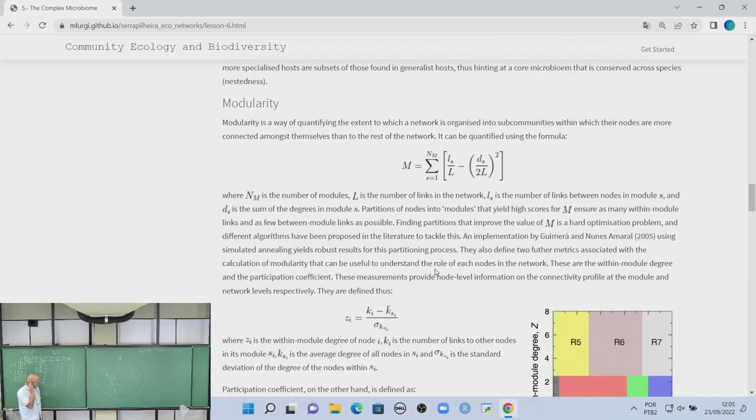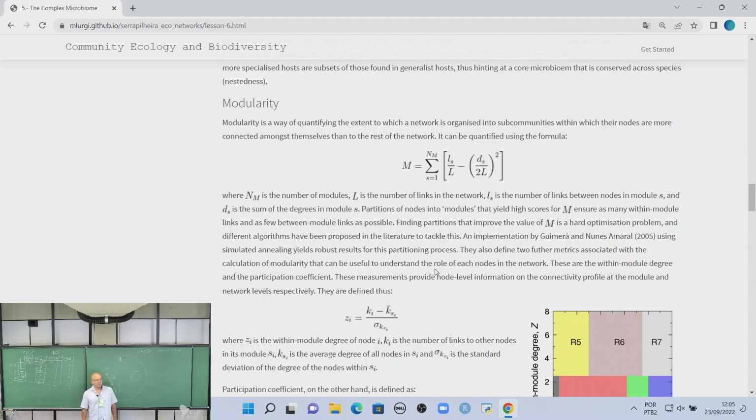So the other thing that we can look at in networks in general, but interestingly applied to networks of host bacteria, is modularity. Are you familiar with modularity in networks, or more or less? No? Yeah? Okay.